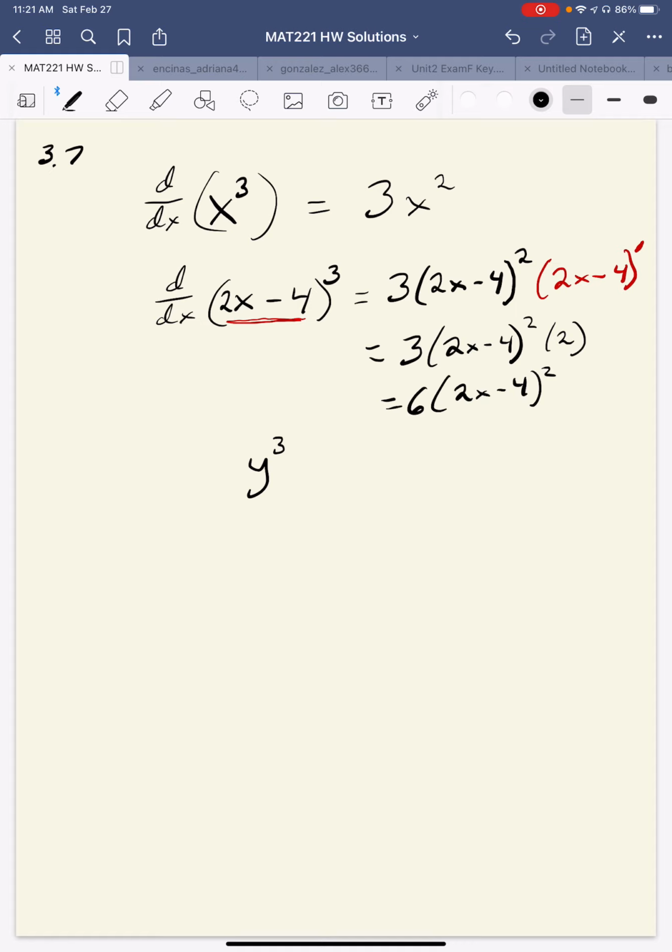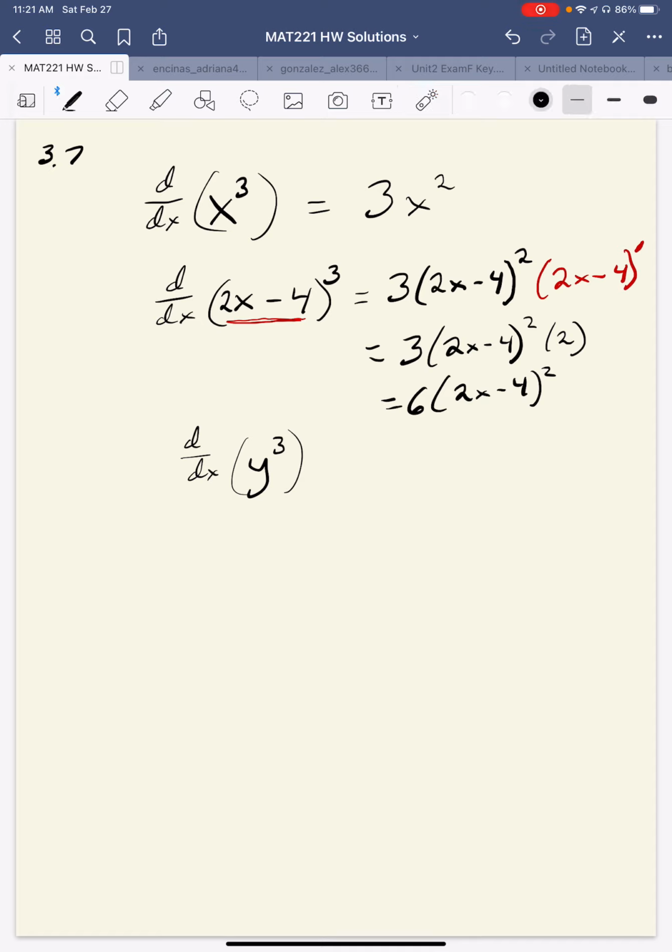If I want to find the derivative of that with respect to x, then just like with the chain rule here, the expression that I'm raising to the third power is not simply an x, it's something other than x. In the previous case, the term was 2x minus 4. In this case, the expression being raised to the third power is y.